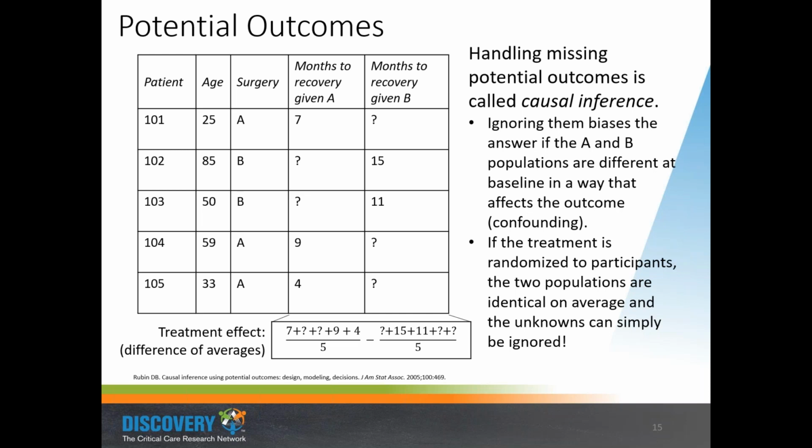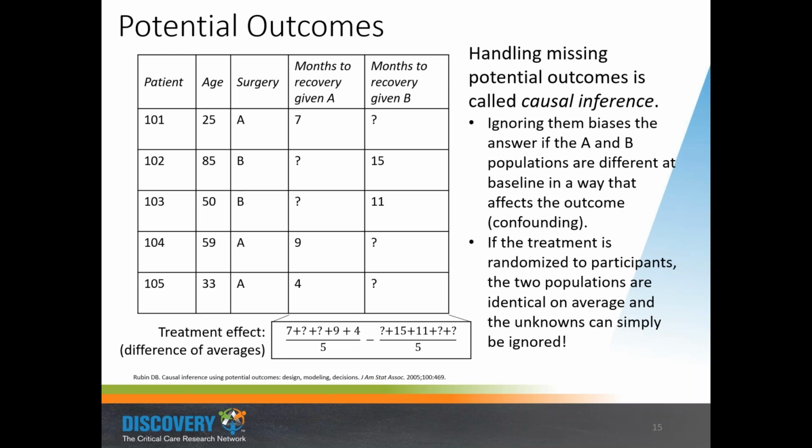One is how long would it have taken if they had had surgery A, and the second is how long would it have taken if this person had been given surgery B. The fundamental problem of causal inference is that there's missing data, because if you get surgery B, you will never see what would have happened to this patient if they had been given surgery A. And the treatment effect that you're actually interested in is the difference in the averages between these 2 columns: what is the average number of months to recovery given A versus the average number of months to recovery given B?